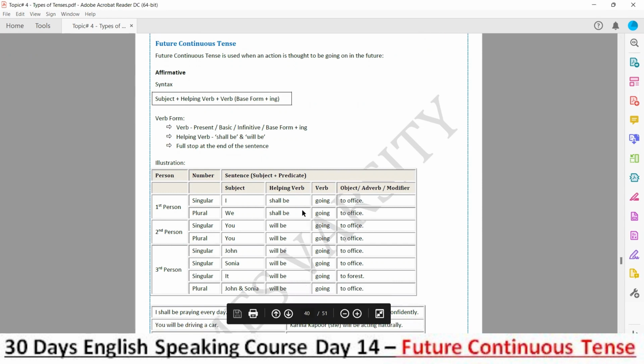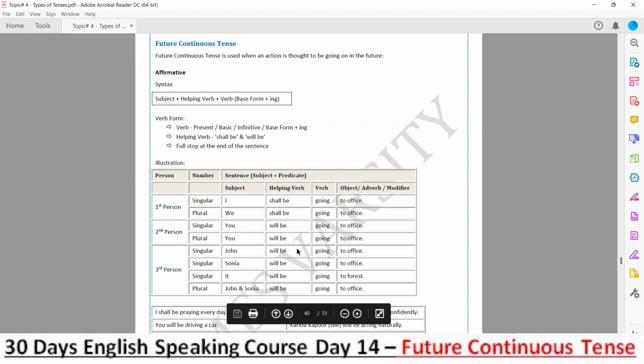Like, I shall be going to office. We shall be going to office. As we know, the helping verb shall is used for first person singular and plural, and will is used for the rest of the pronouns.